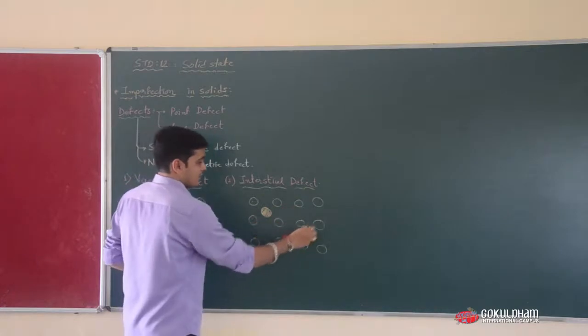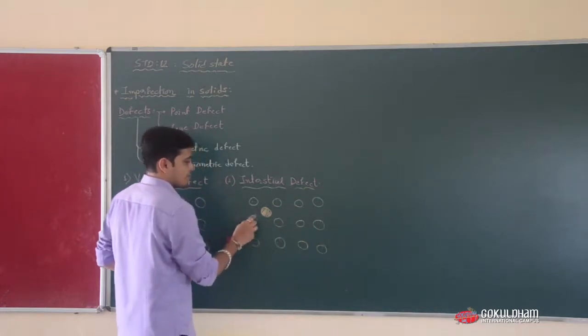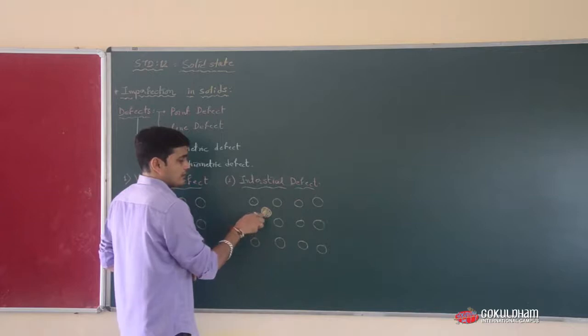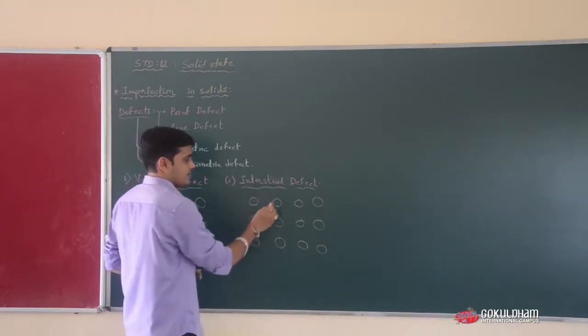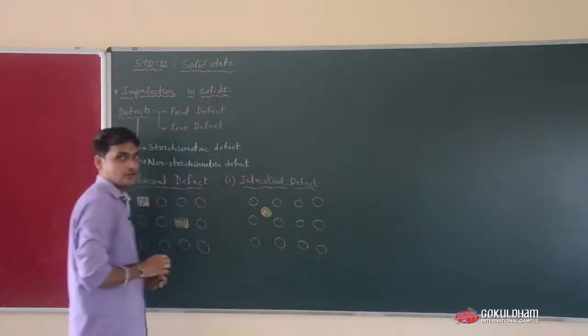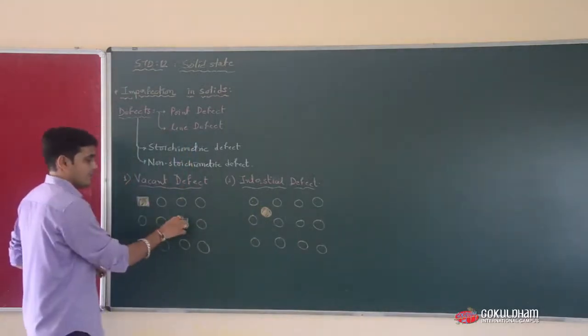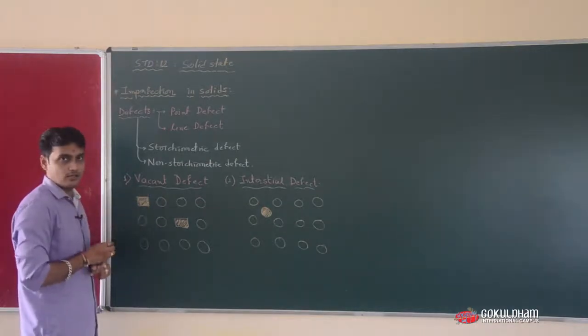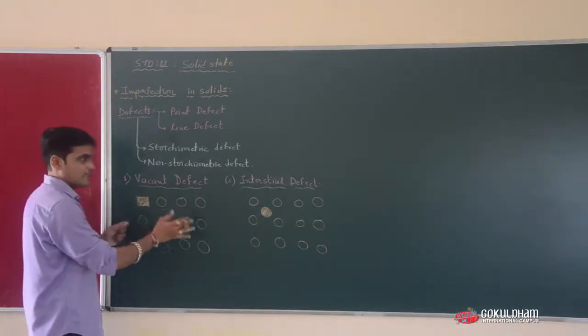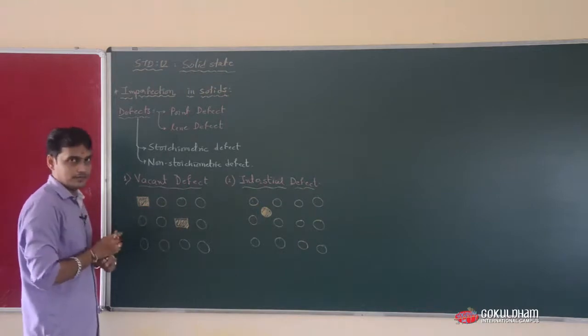All are in certain positions, but this molecule is in an uncertain position. So this interstitial defect increases the density of the solid, and in vacant defect the missing of atoms will decrease the density of the solid. These are the basic two types of defect.